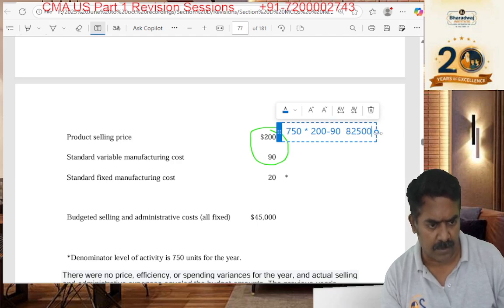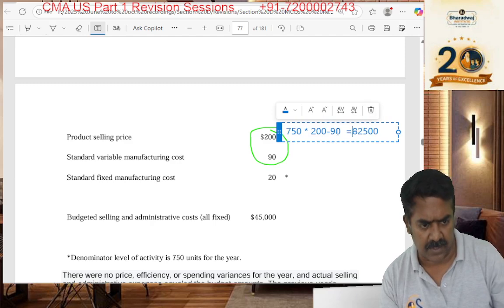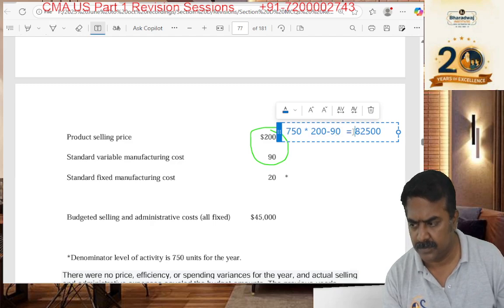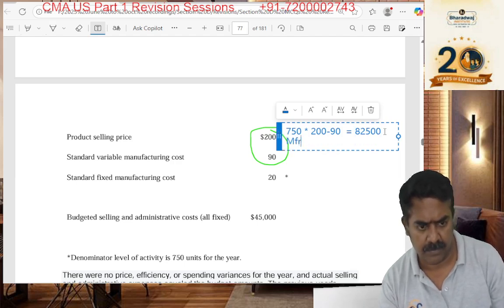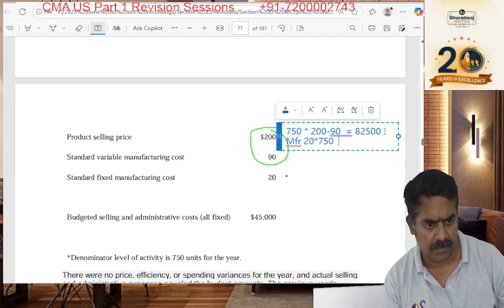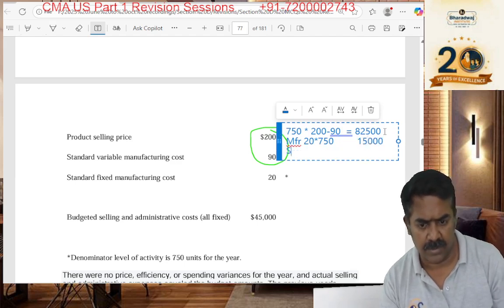That is your contribution. Minus fixed cost. What are the fixed costs? 20 into 750, 15,000. Then your selling and administration overheads 45,000.